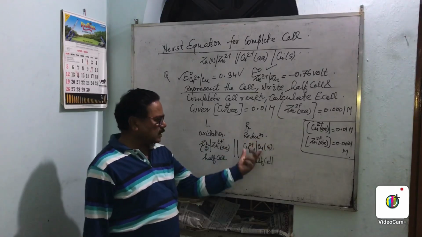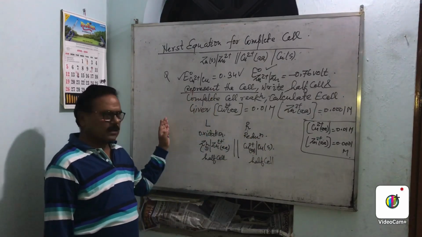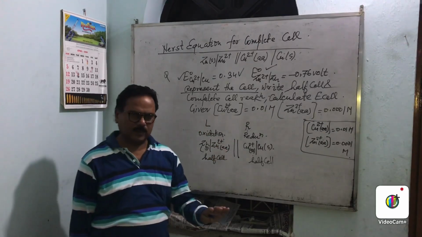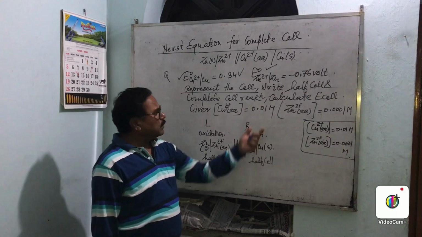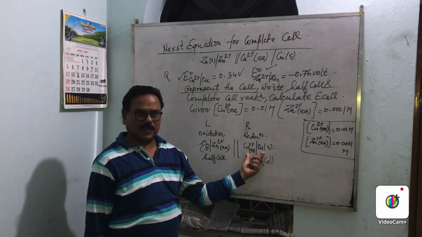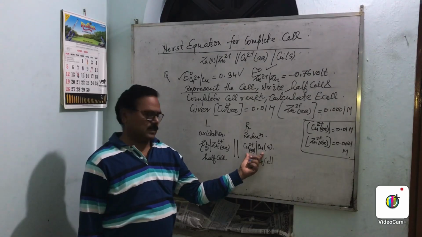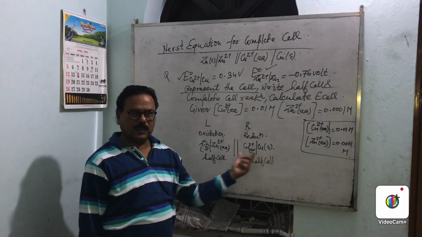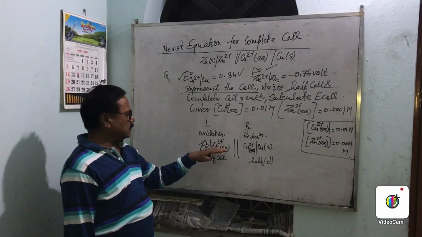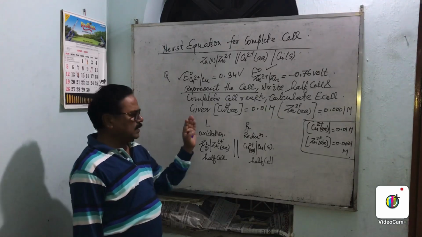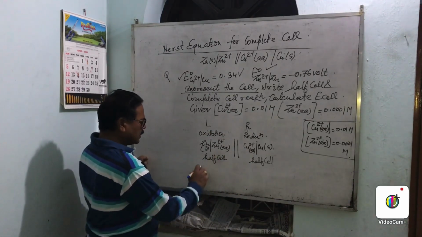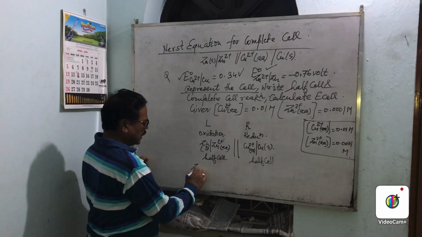So if reduction takes place on one electrode, obviously oxidation will take place at the other electrode. This copper will have the higher value, so it is written on the right side in the reduced form. And on the other, oxidation takes place, so it is always written in the oxidized form.